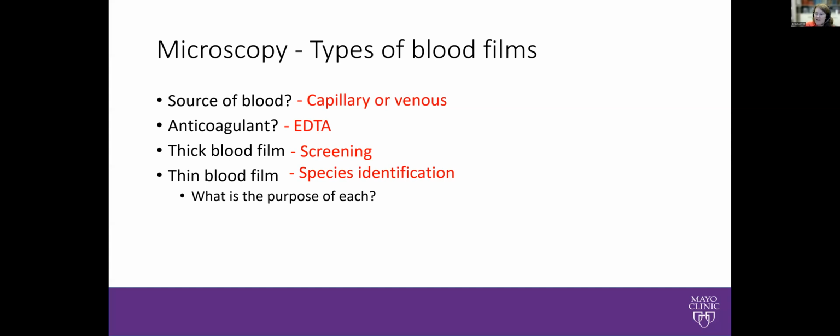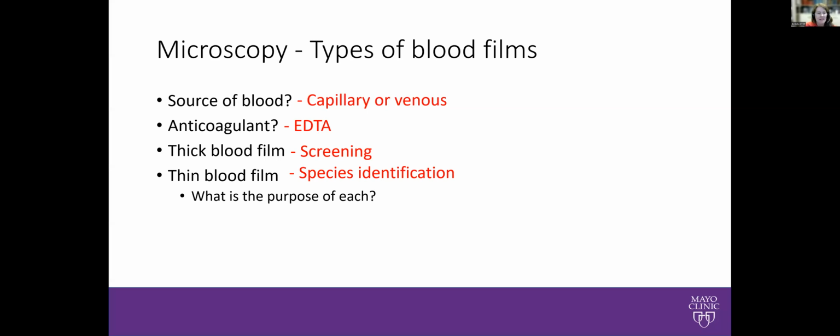The thin blood film, on the other hand, is primarily used for species identification. Some people also use it for screening. You just need to know that you need to examine many more thin films to get the sensitivity of a single thick film. But the thin film, by the nature of how the red blood cells are preserved, is very good for identifying species.